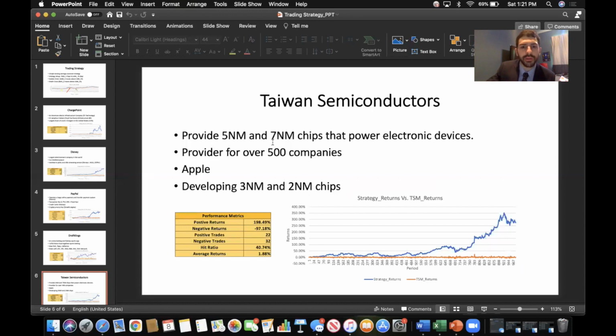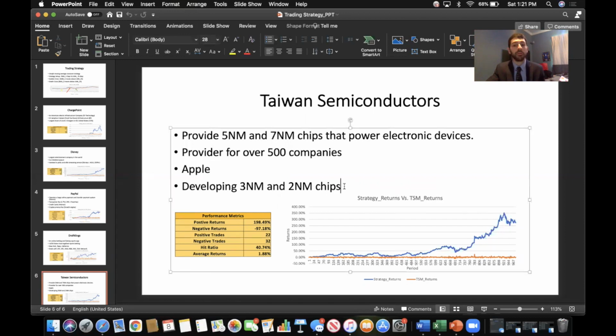And this company has over 500 different customers that include Texas Instruments, Broadcom, Intel, which makes their own chips, but this company actually supplies more for them, and they're actually further advanced. What makes this company a little bit more special is they're trying to create the 3 nanometer and the 2 nanometer chip, which, if it does come out, is definitely going to soar the stock price for this company.